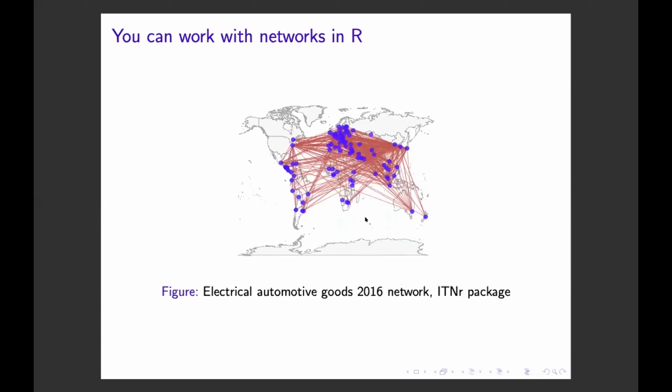But one thing that comes out is that this was the traditional, so the lines are denser here. So this is Europe. In the 80s and all, Europe dominated this automotive components goods network.